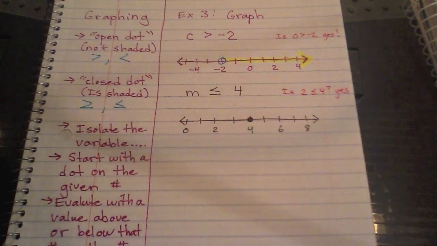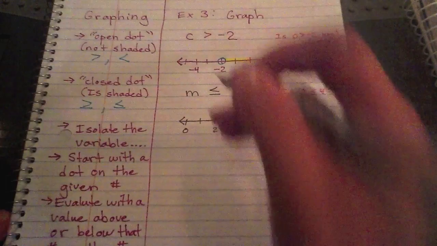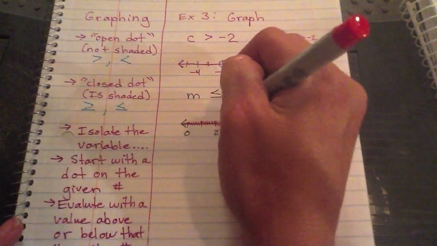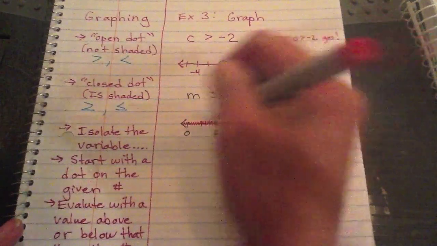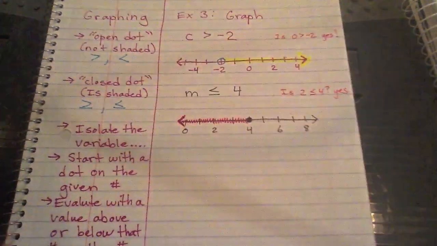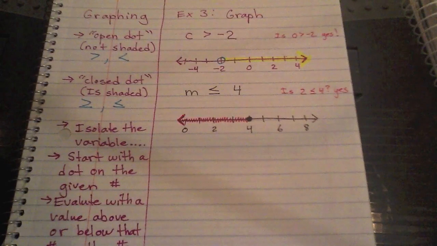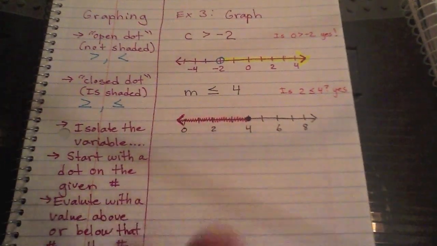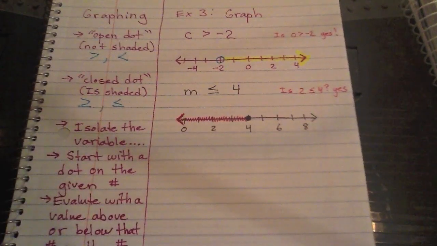Or if you don't have a highlighter, just go across with your pencil and darken it like that, and make sure you darken the arrow also. I want it to be pretty obvious that you're going all the way to the other end, including the arrow. It's everything and past.